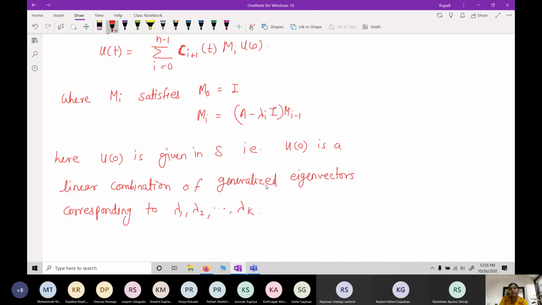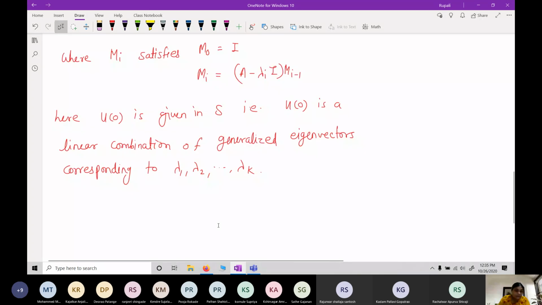Since our initial point is in S, u(0) can be written as a linear combination of generalized eigenvectors corresponding to these.